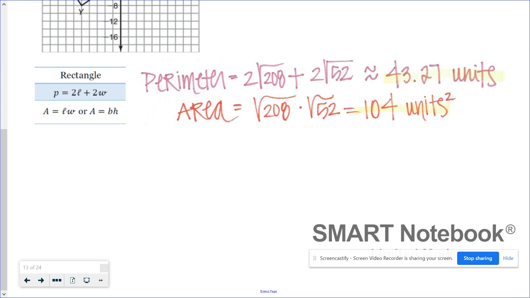But if your calculator has a square root button, I would use that for sure. Make sure that you exit the square root before you type in anything beyond that, though. As you can see, the perimeter is approximately 43.27 units, and the area is exactly 104 square units.